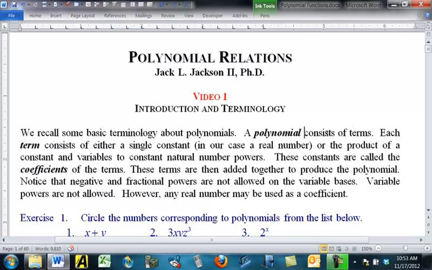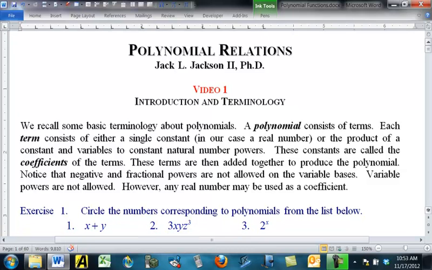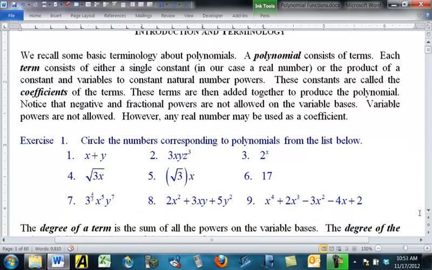The terms are then added together to produce the polynomial. Notice that negative and fractional powers are not allowed on the variable bases. Variable powers are not allowed. However, any real number, including ones with radicals and irrational numbers and all kinds of things, can be used as coefficients. So the first exercise is to see which one of these are polynomials.